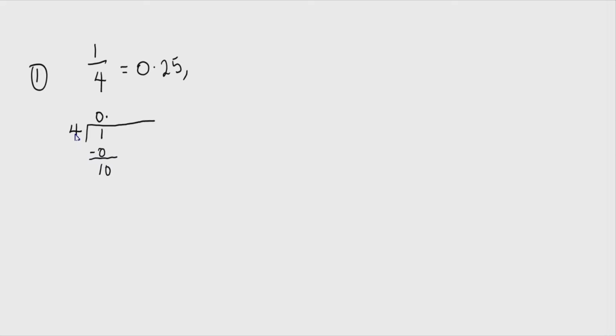So now we have 4 in 10, that's 2. 2 times 4 is 8. We subtract that from 10, and we have 2. We add a 0.